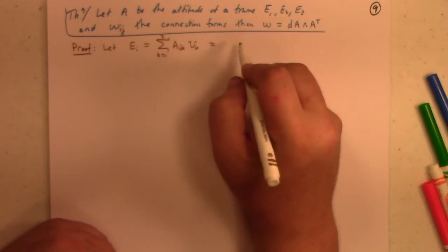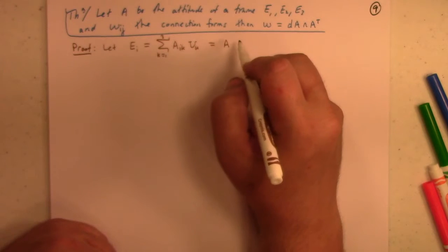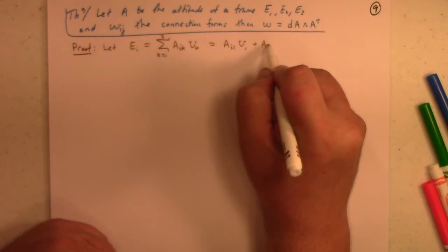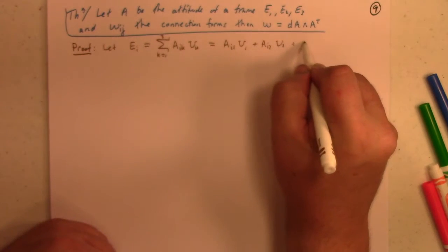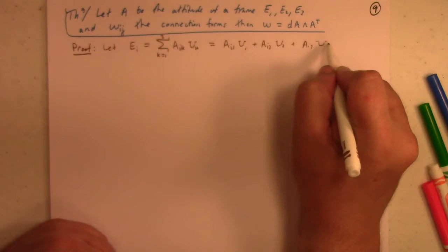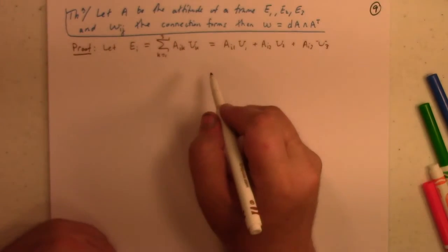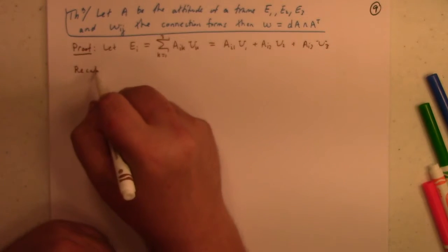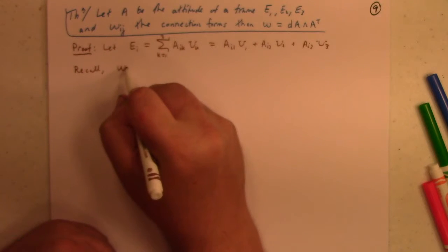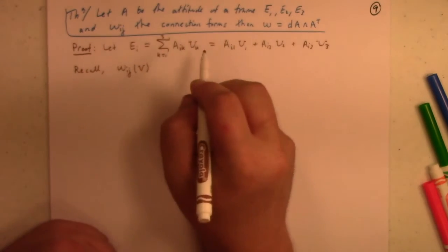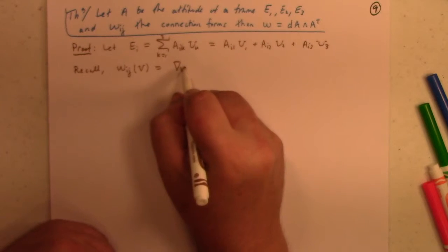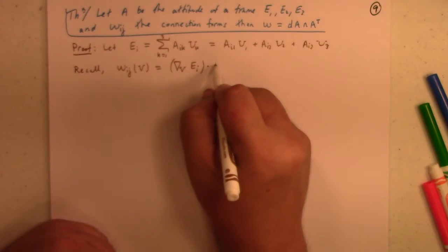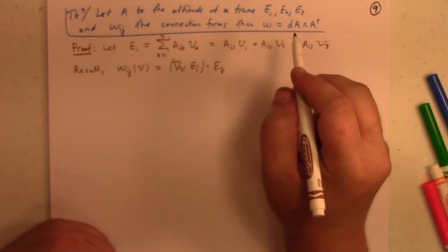Just to be explicit, that's A i1 U1 plus A i2 U2 plus A i3 U3. That's just what we said before when we talked about the attitude matrix. You should also recall that omega ij acting on V is simply the covariant derivative in the V direction of Ei, dotted with Ej.